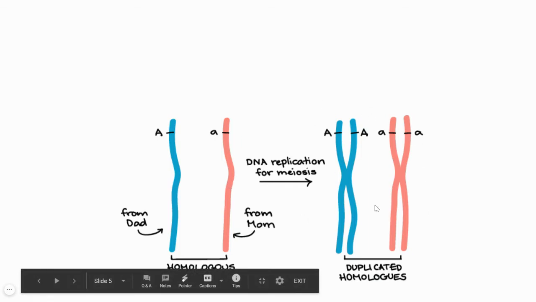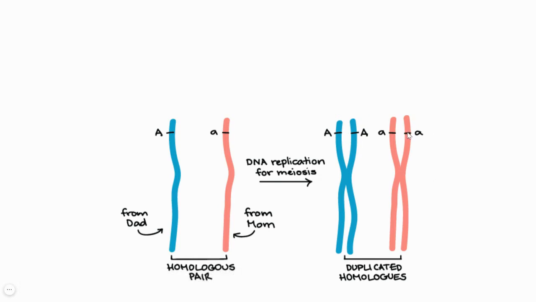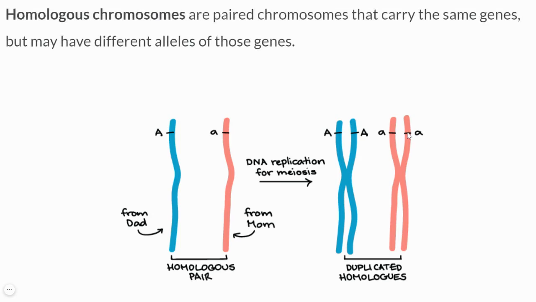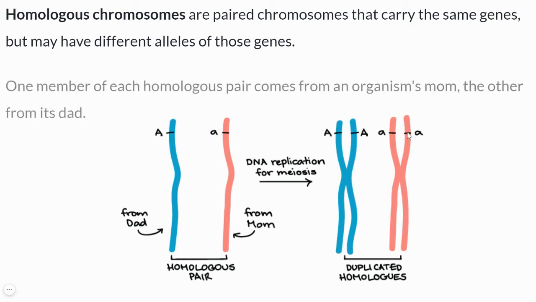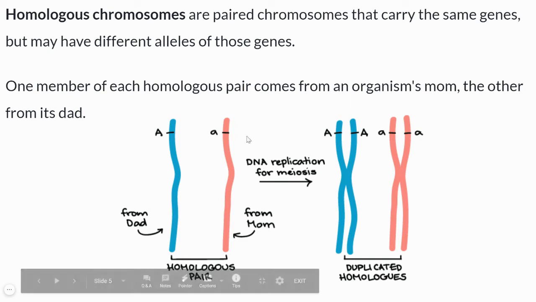Now the chromosomes will condense and get ready in the interphase end to start meiosis. So homologous chromosomes are paired chromosomes that carry the same genes but different alleles. One member of each homolog pair comes from the organism's mom and the other from its dad. So remember, blue represents the same organism.